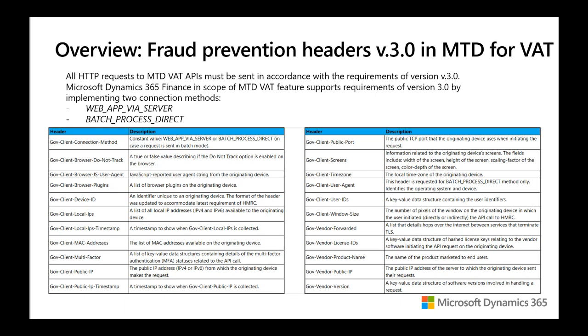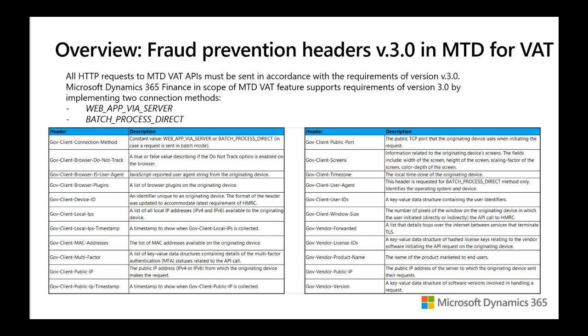There are also parameters identifying the user device and also the product used, including information about its version and hashed license ID. And there are also network parameters like client local IPs and client and server public IPs, with the timestamp informing when these network parameters are collected.